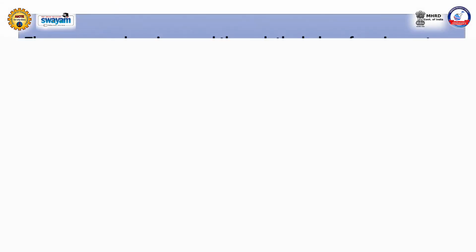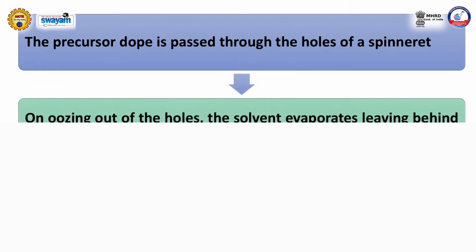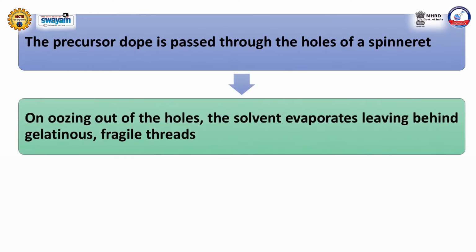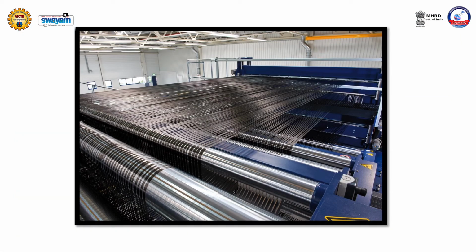It is called precursor dope. The precursor dope is passed through the holes of a spinneret. On oozing out of those holes, the solvent evaporates, leaving behind gelatinous fragile threads. These are washed, dried, and stretched to the desired length.